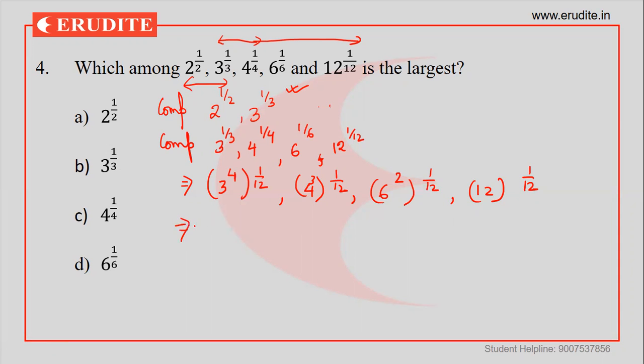Now the comparison. 3 to the power 3 is 27, 3 to the power 4 is 81. So 81 to the power 1 by 12, 4 cube is 64, so 64 to the power 1 by 12. The next one is 36 to the power 1 by 12, and this is 12 to the power 1 by 12.